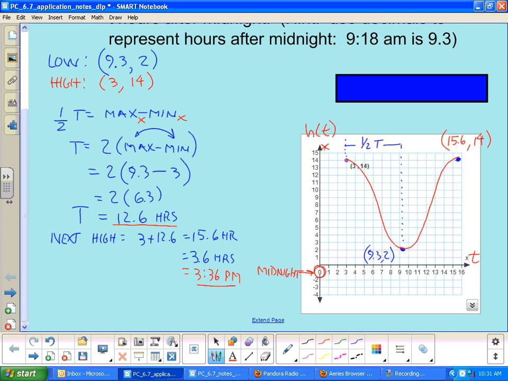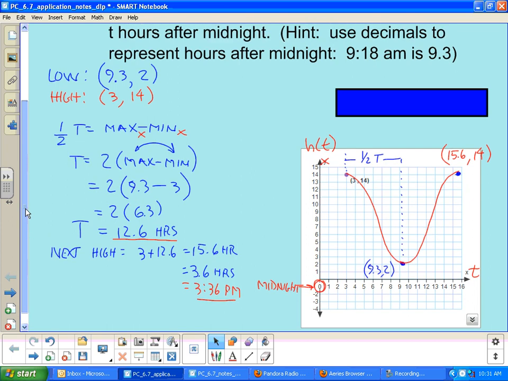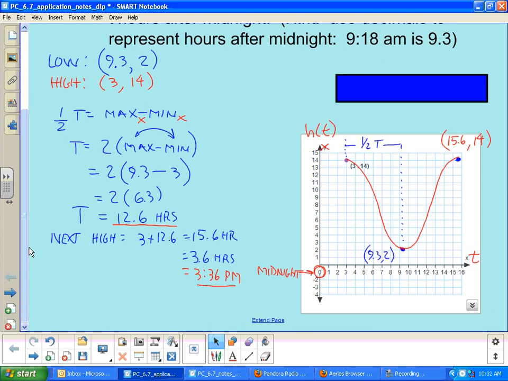Following this, or are we lost? Max of x, min of x. So you're only talking about the x coordinates of these points to find period. Period is related to this, not this. Okay.